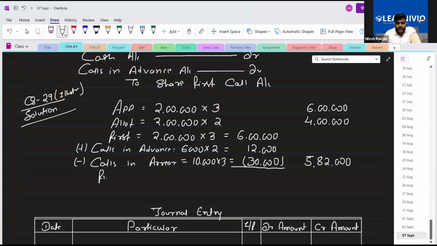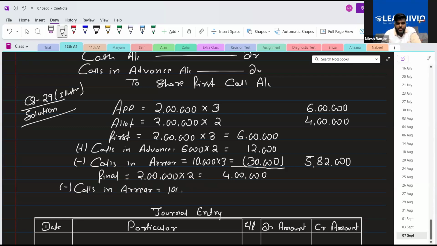Then the final call is not asked, but if it is asked, then 2 lakh into 2, 4 lakh, and there also minus calls in arrear, because the person who has not paid the money on the first call will not pay the money on the final call also.